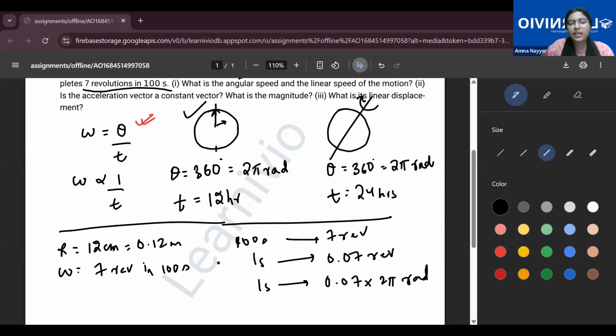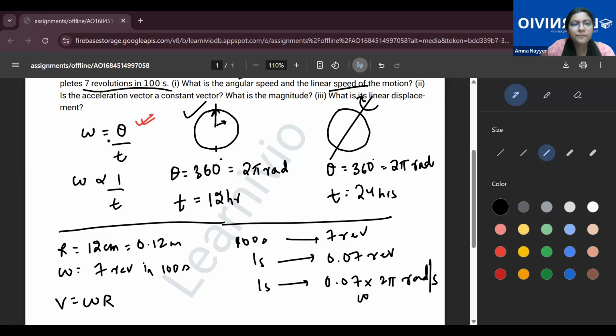So you have the angular displacement, radian per second. And the radius is already there. Angular speed, linear speed, very easy. This is omega, the revolutions in 1 second that we have got. And linear speed v is equal to omega into r. Omega is already present, so use this.